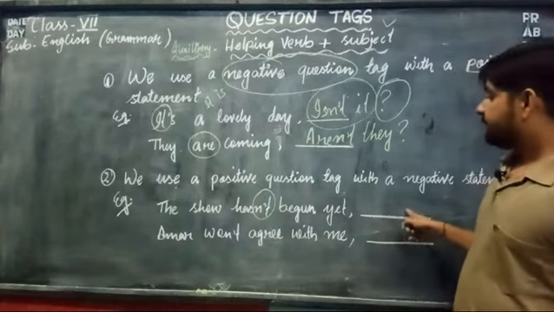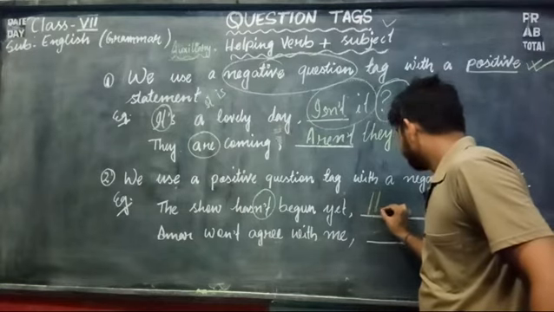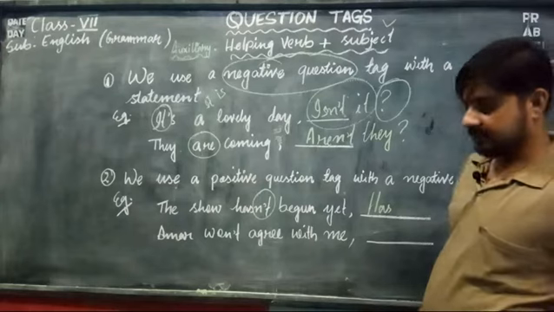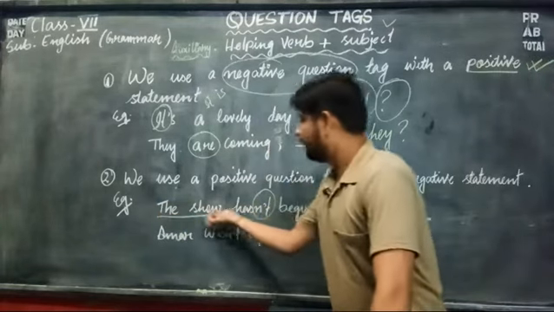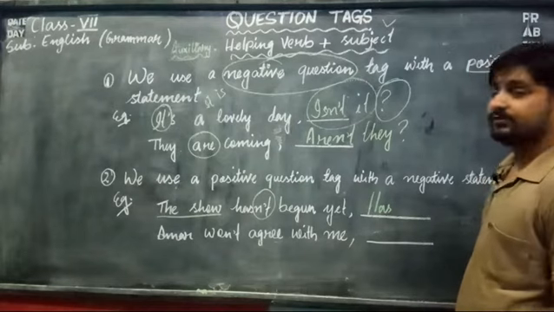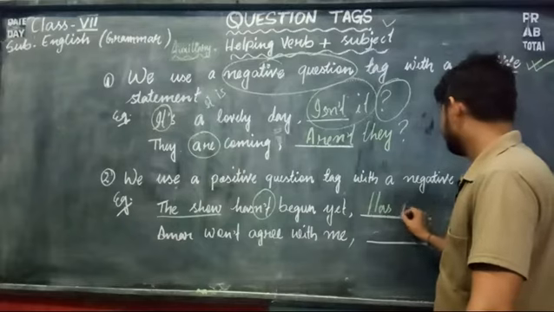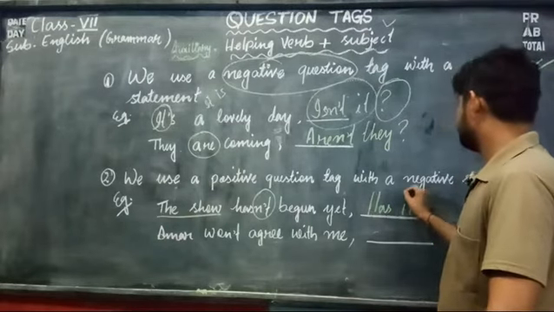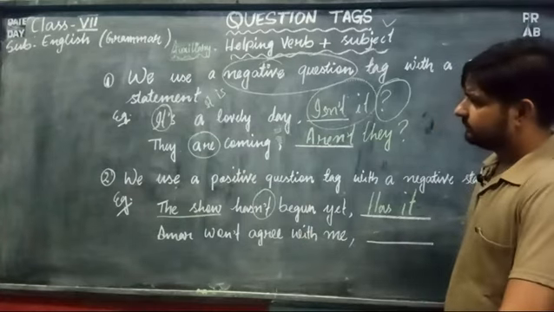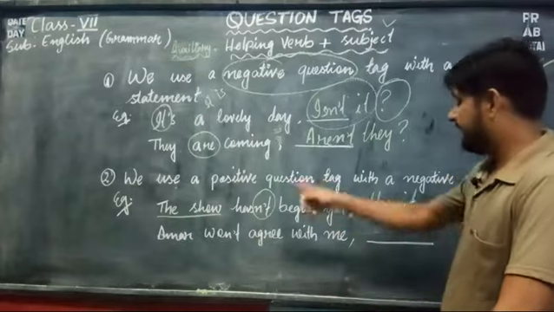Remember this. Like the helping verb is there, right? Has. Then what can we write for this? The show. We can write it. If it is they, or he, or she, then we can write the same.